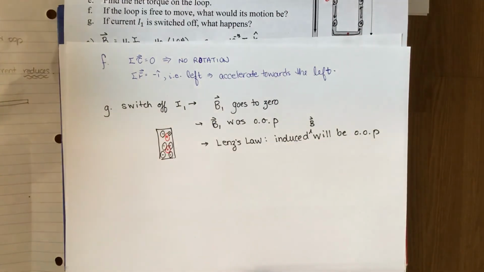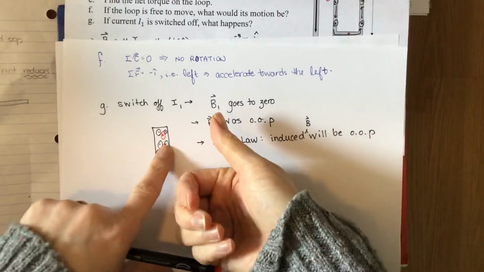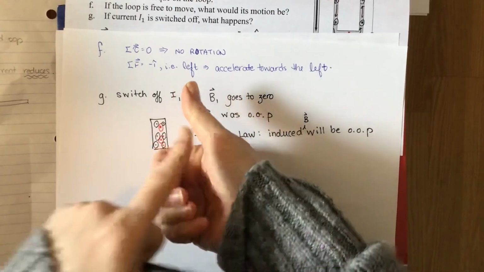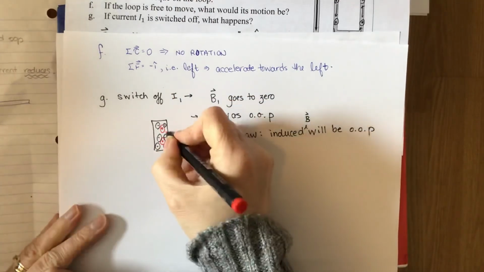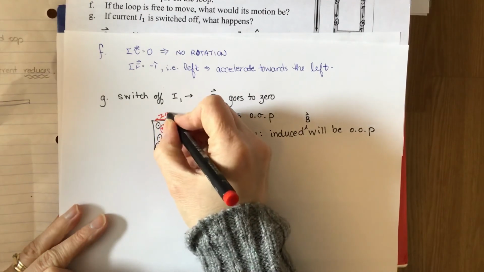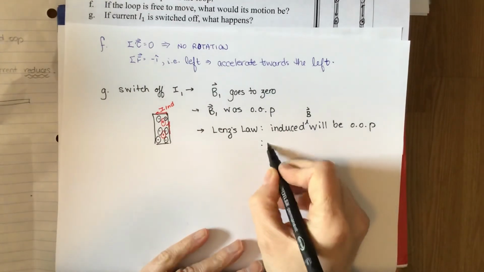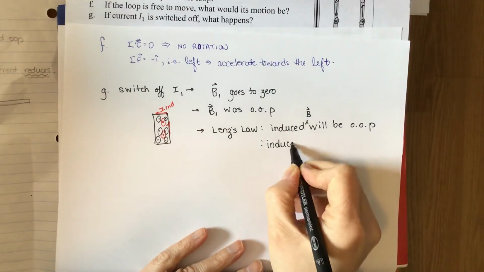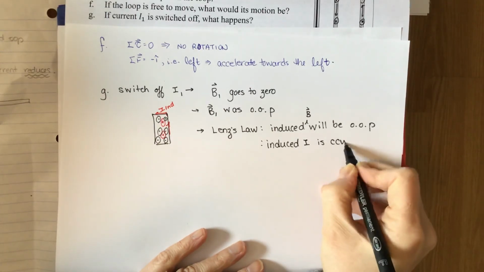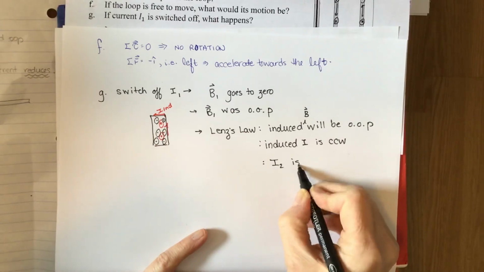If the induced field is out of the page, then it means that the induced current is going to be counterclockwise. So I imagine I'm grabbing this part of the loop. My fingers are coming out of the page here, so my thumb is going up. So my induced current will be counterclockwise. Well, we already have I2 is counterclockwise.